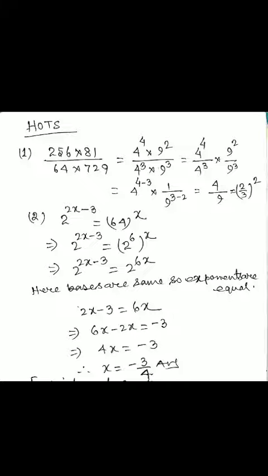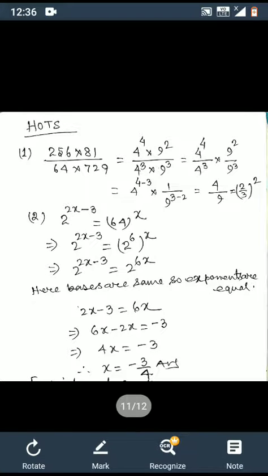So it equals 4 raised to the power 4 by 4 cube multiplied by 9 square by 9 cube, equal to 4 raised to the power 4 minus 3 multiplied by 1 by 9 raised to the power 3 minus 2, equal to 4 by 9, that is (2/3) whole square.